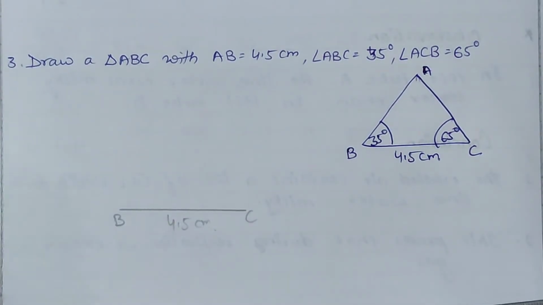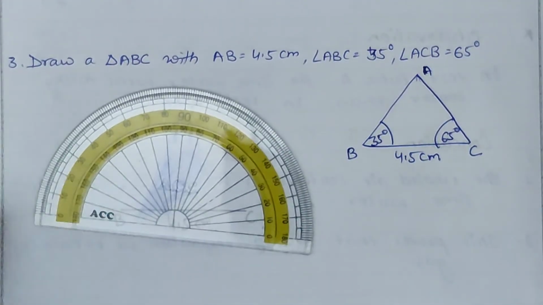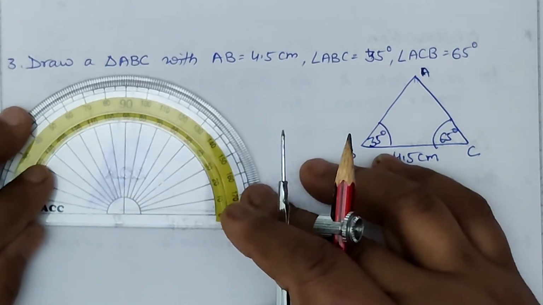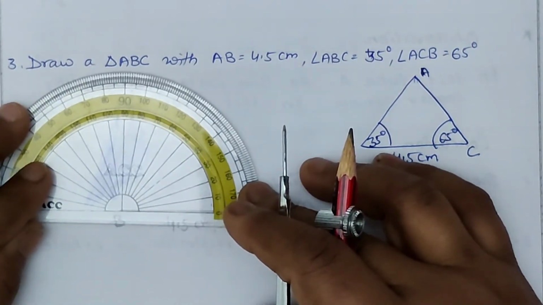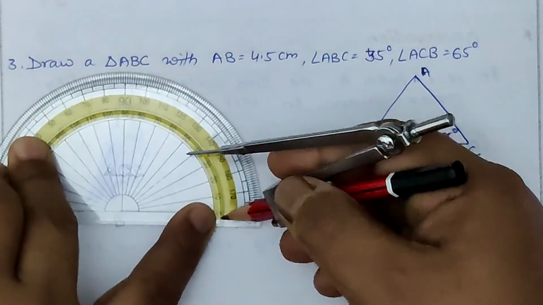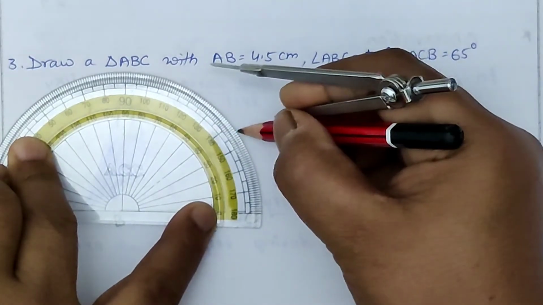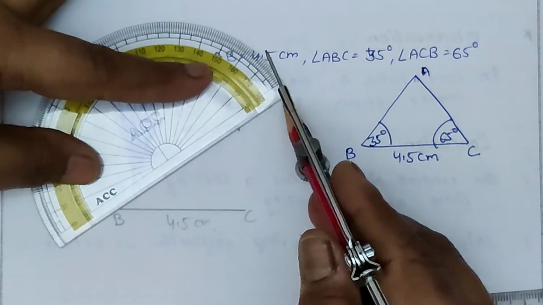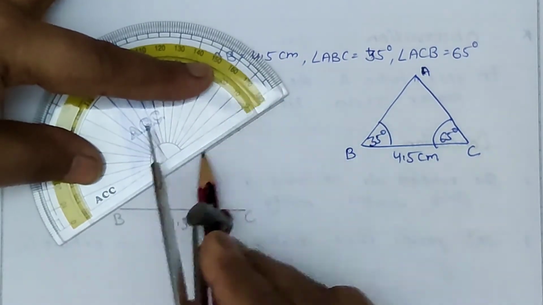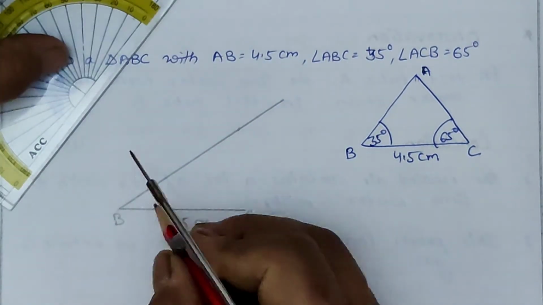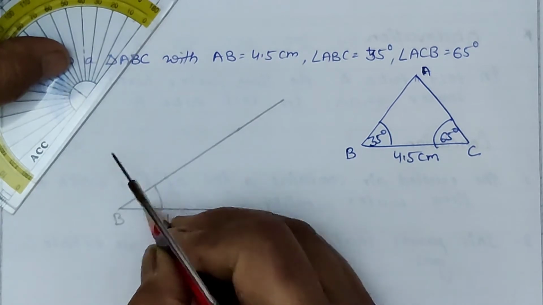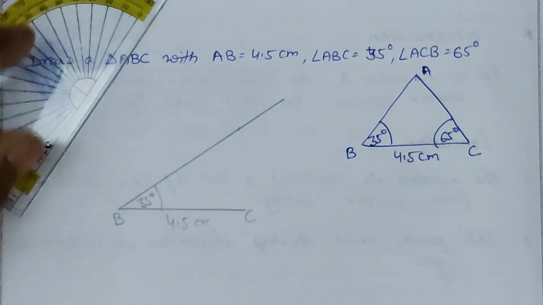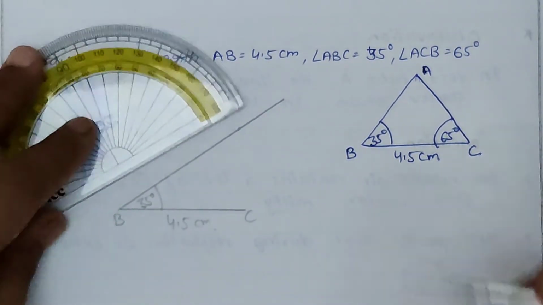Angle B 35 degrees. Same, 20, 30, 40, 35. Acute angle 35. This angle equal to 35. Angle C 65.